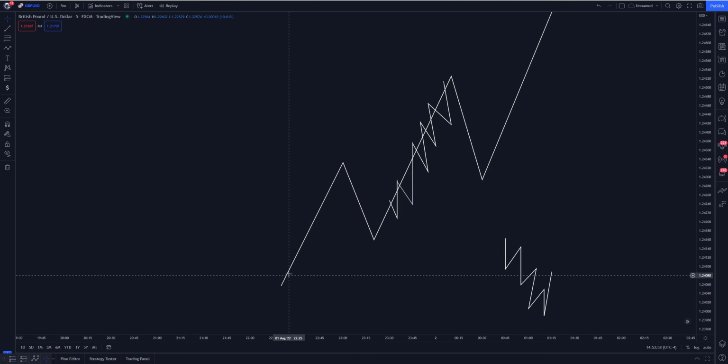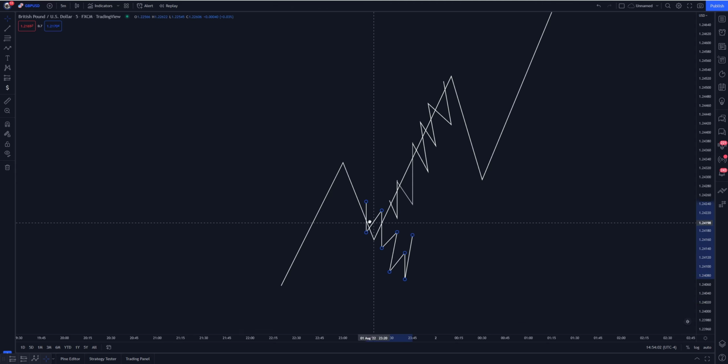We are looking at this on a 5-minute time frame, but when you drop down to a 1-minute time frame, you're going to see something like this. In an uptrend on the 5-minute time frame, you can see a downtrend on a 1-minute time frame. I hope that is clear.